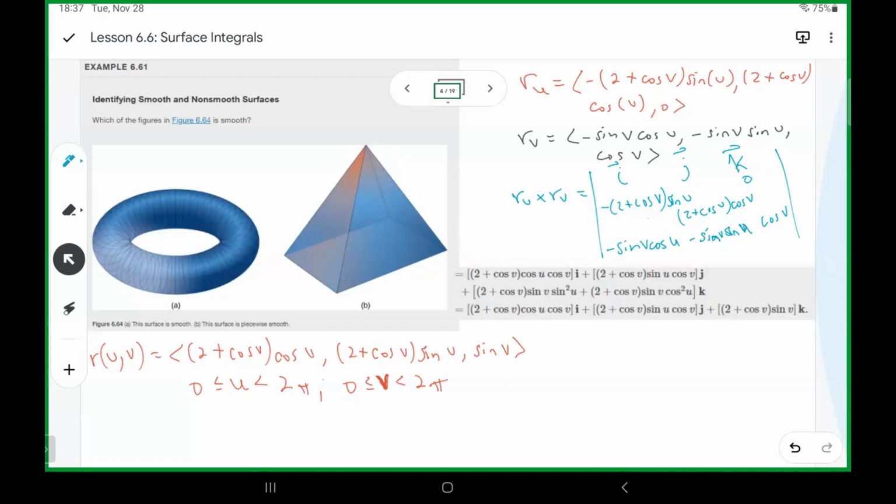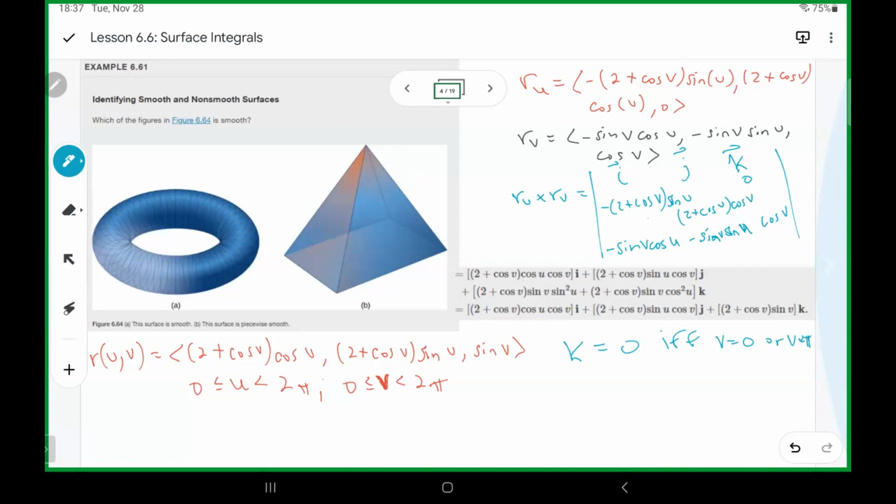All right, so the k component of this vector is 0 if and only if v equals 0 or v equals pi.